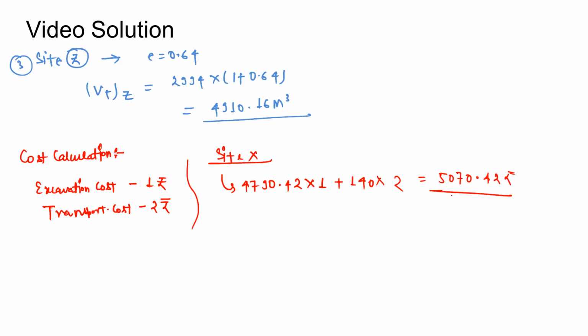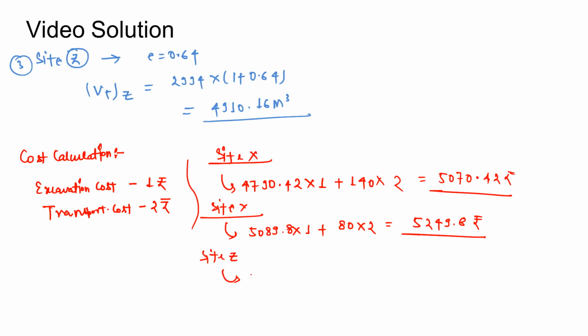That will be the total cost at site X. Like that we can solve it for site Y. For site Y, the total volume was 5089.8 into 1 plus the total distance of 80 into 2. Solving it, we get 5249.8 rupees. And for site Z, the total volume of soil was 4910.6 into 1 plus the total distance of 100, so that will be 5110.6 rupees.